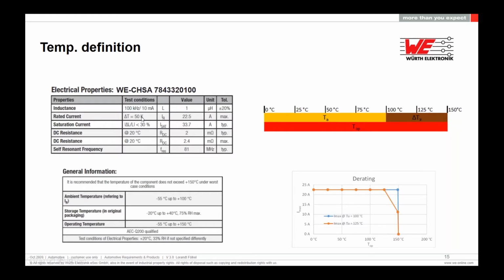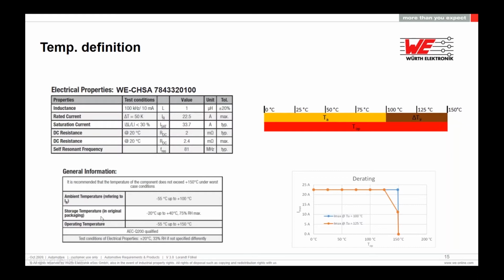So if you have 150-degree ambient temperature, you cannot apply any current to this component because it will overheat and run out of its specification or even be damaged. It means if you want to apply the maximum current, you can have a maximum ambient temperature of 100 degrees, because 100 degrees ambient temperature plus on top the self-heating of the component will reach 150 degrees Celsius.